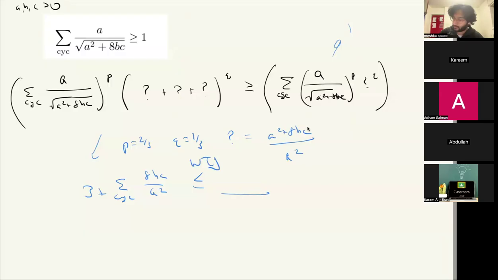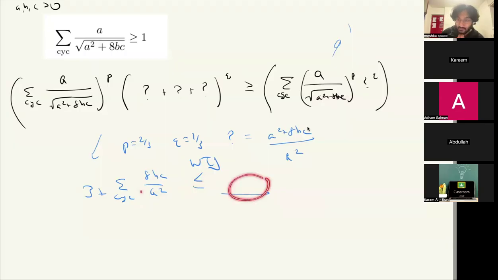Does that make sense? If we use this technique, if you want to show this is greater than or equal to 1, you have to show that this is less than or equal to some constant, right? Yes, but it could not be bounded by any constant. This is just false by Muirhead, right?